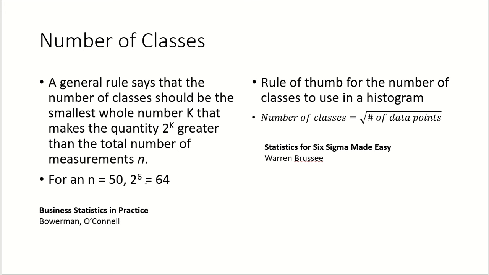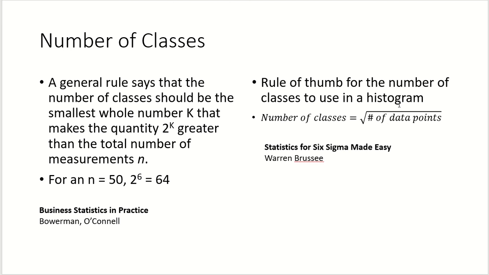So 2 to the 6 is equal to 64. So ito yung number of classes natin, 6. Kasi kung 2 to the 5th naman, that's only 32, diba? And that's not higher than 50. So 2 to the 6, 64. So the number of classes ay 6.